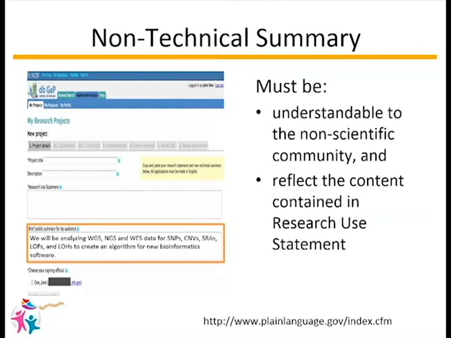My litmus test is, will my mother be able to understand this? And my mother will not. So I would encourage you, as you do your applications, to be sensitive to making the information accessible. Both the research use statement and non-technical summary will be available on the study page, so people will actually be able to read what you're proposing.